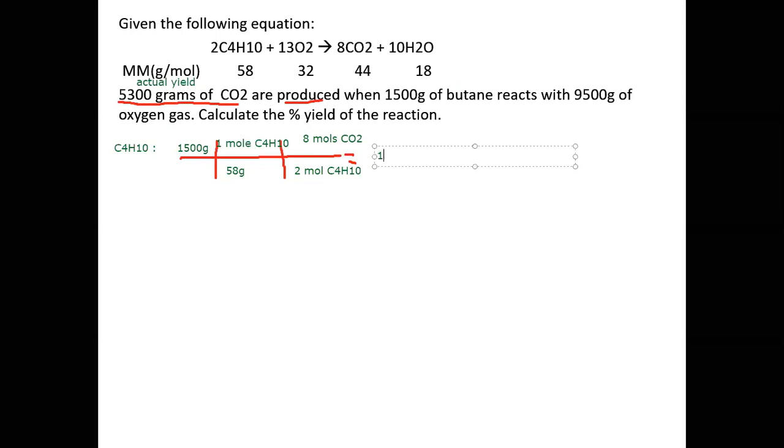And we get about 103.4 moles of CO2. Now we do the same thing for O2.